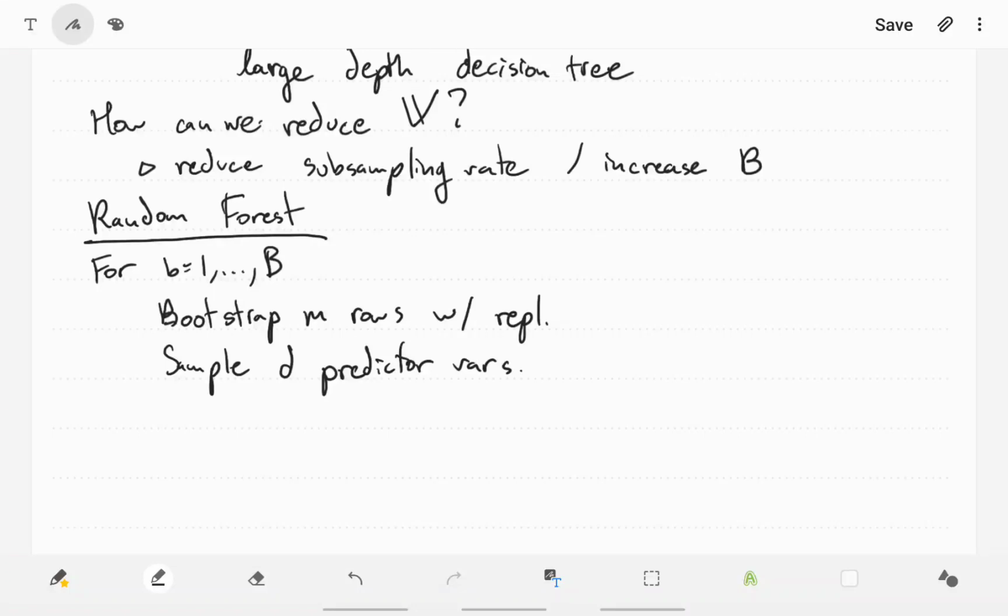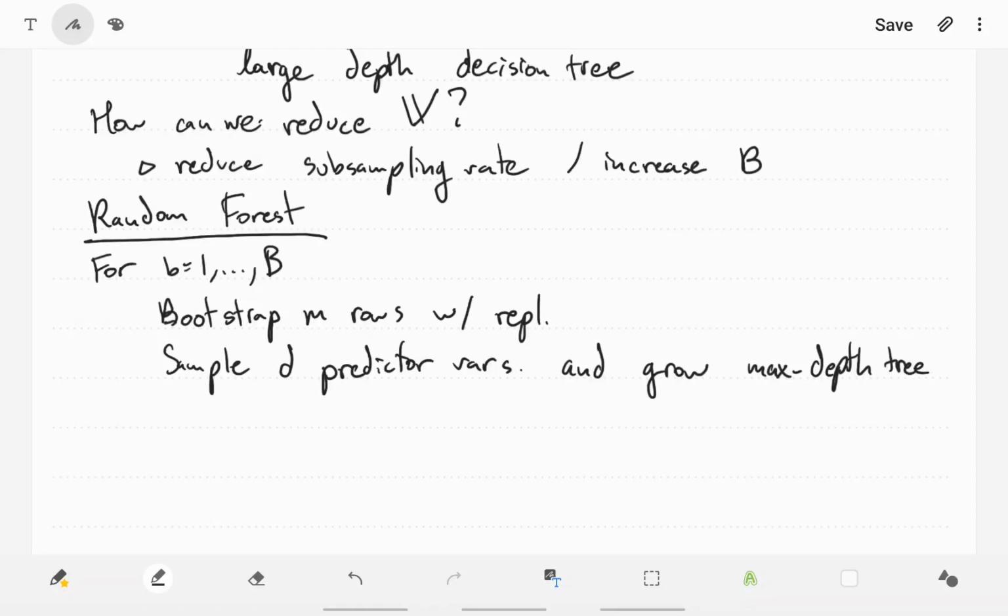So we sample D predictor variables of the possible capital P predictor variables, and then we grow a nearly max depth tree. Sometimes we set this to be max depth, or we can select the depth of the tree, but typically we make it a very deep tree.